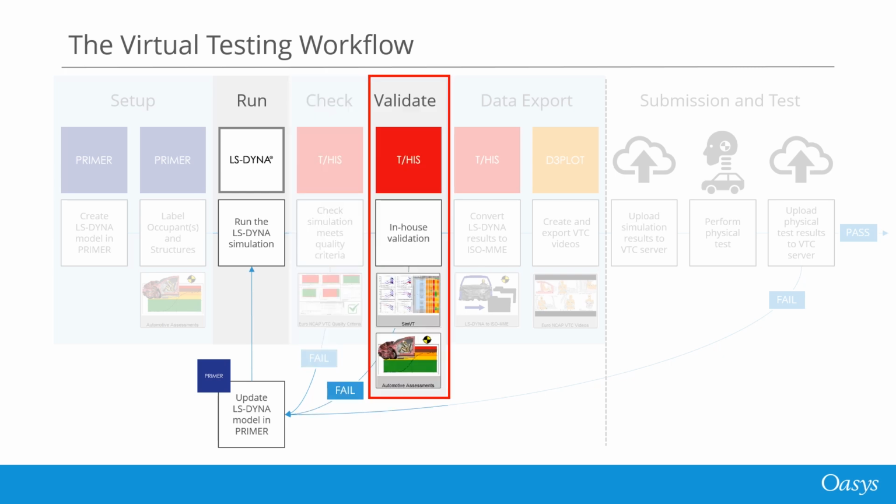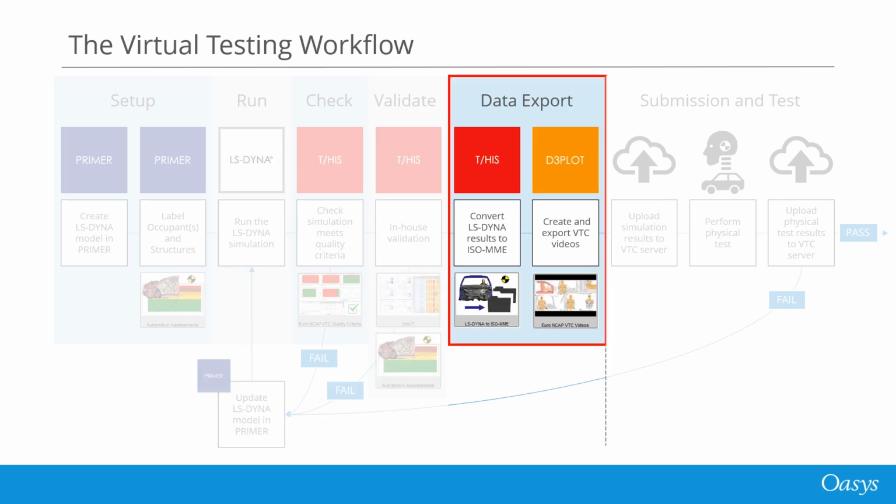CAE teams will need to work hard to perform validation with in-house test results to align with simulation results. SimVT and automotive assessment workflows are used at this stage to automatically calculate the sensor ISO scores and injury scores to highlight any that fail to pass validation criteria. This gives you the opportunity to address any problem areas before submitting the results.